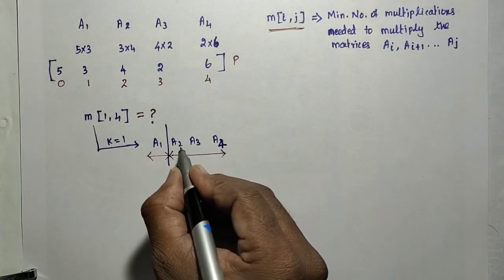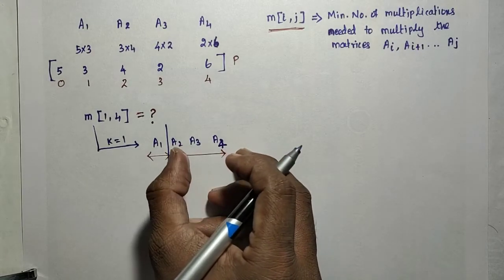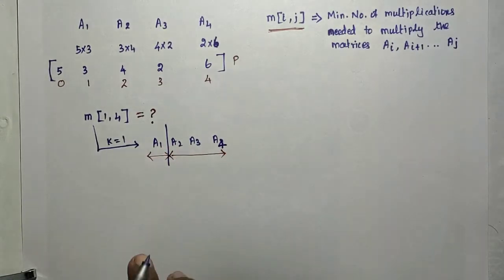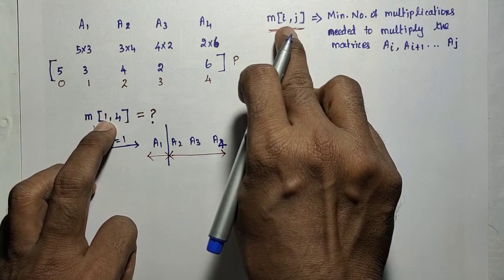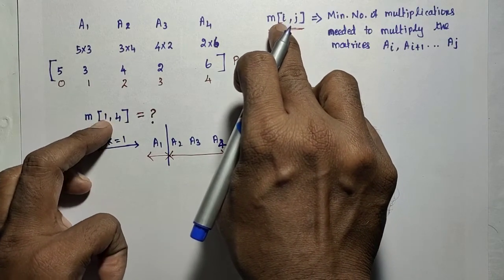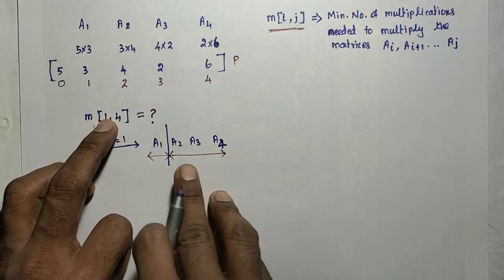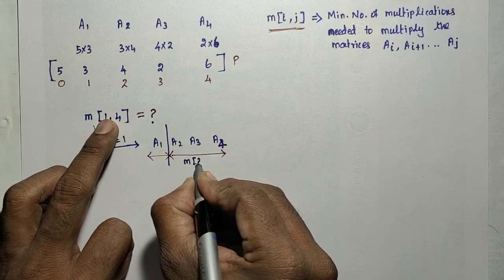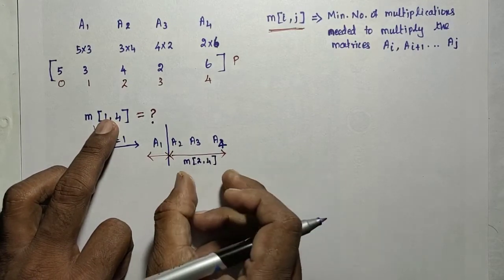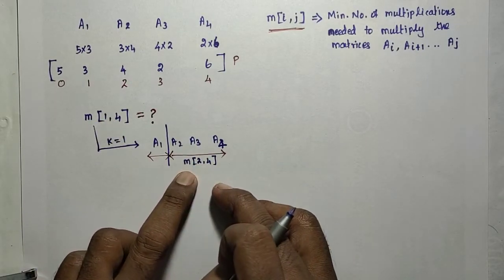It means the matrices from 2 to 4. To multiply the 2 to 4 matrices, what will be the minimum multiplication I need? m of i j is the minimum multiplication needed for the matrices from i to j. Similarly, for 2 to 4, the minimum multiplication needed is m of 2 comma 4. It is stored in the entry 2 comma 4.